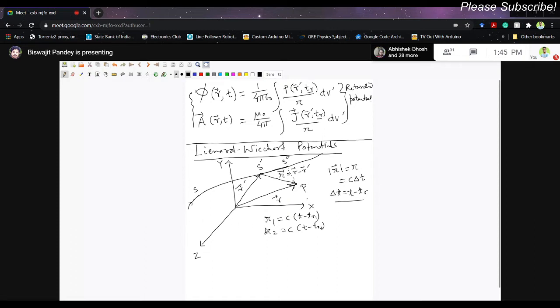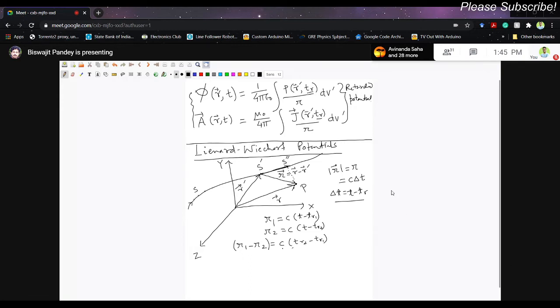So if you calculate the speed, that has to be at least c. If you take the difference between the two vectors, r1 minus r2, that will be c times tr2 minus tr1. That means this is the separation between these two points, r1 minus r2, and you divide by the time elapsed.